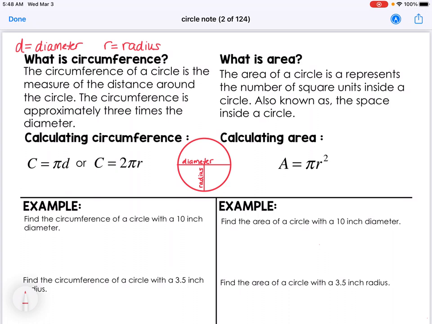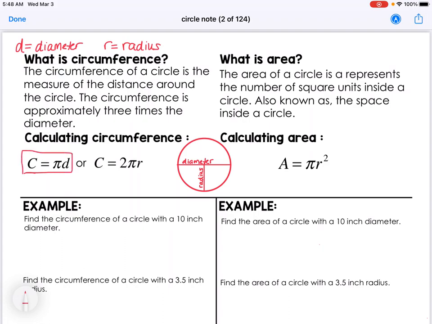So an example: find the circumference of a circle with a 10-inch diameter. So that tells me my circle all the way across, so the total width of that circle, is 10 inches. To find circumference, we use the formula where C, which stands for circumference, is equal to pi times the diameter.